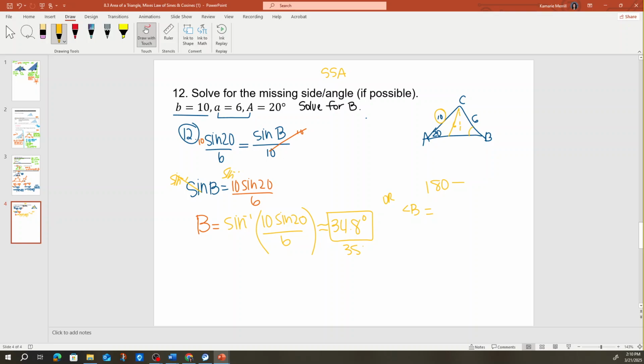So it could also be 180 minus 35, which is 145. You have to be really careful, because how do you know it was an acute angle? Sine will never push out an obtuse angle. So you have to be really careful on side-side-angle and the chance of it being two triangles.